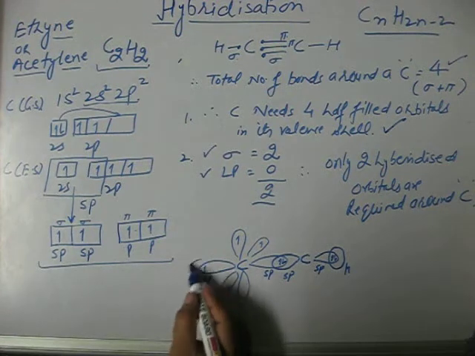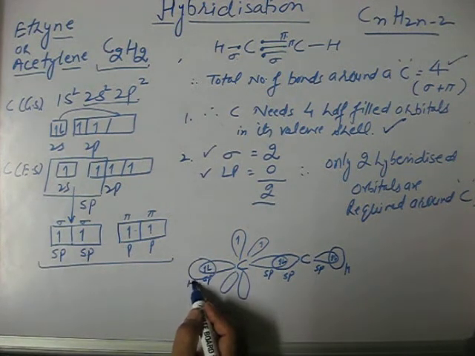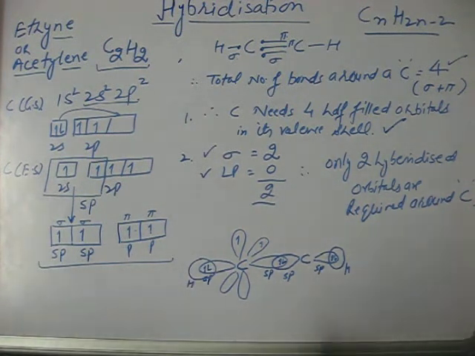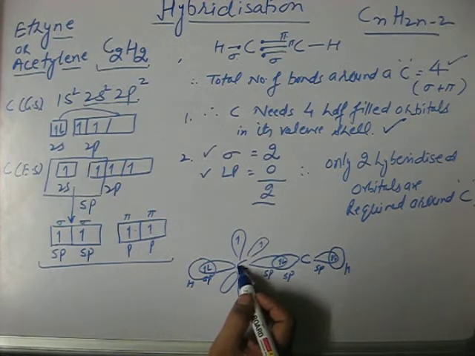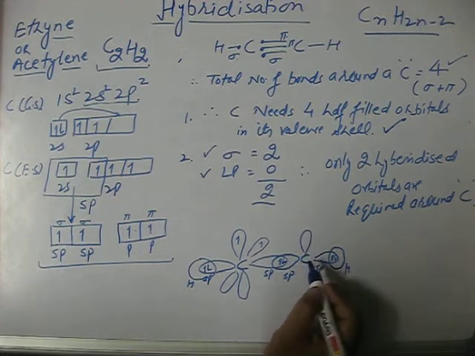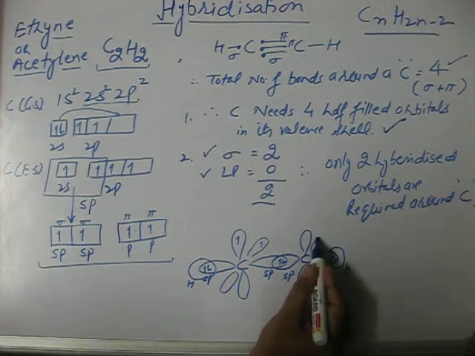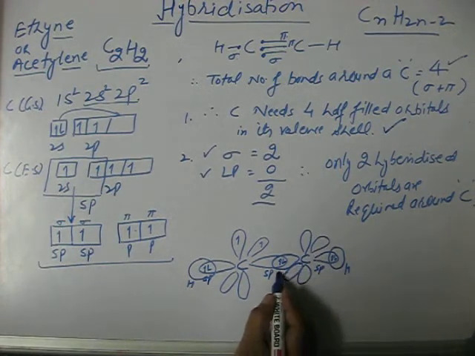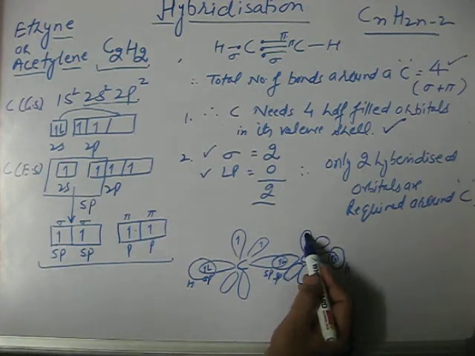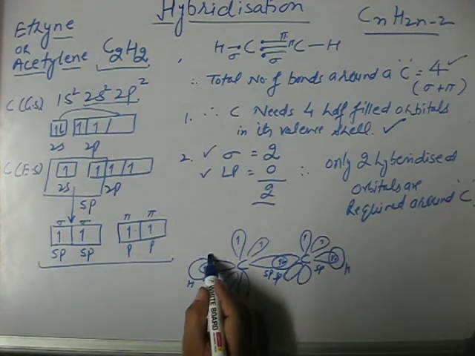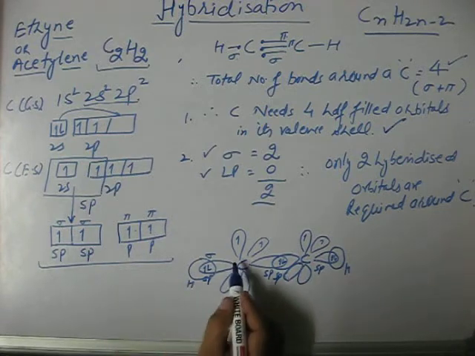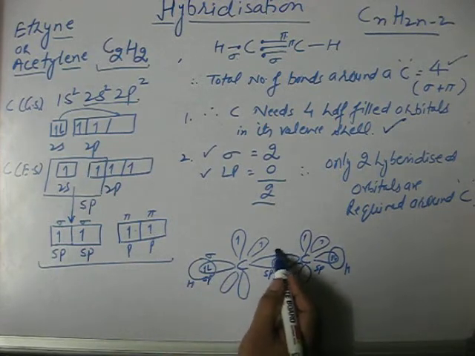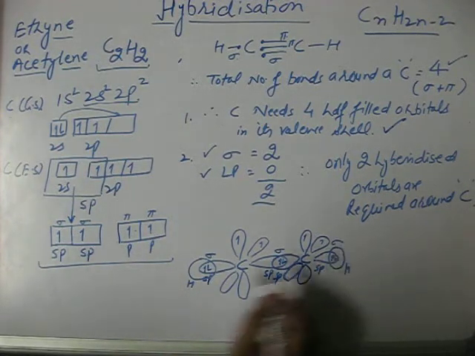Similarly here it is used to form a sigma bond with hydrogen with overlapping of the 1s orbital. Now similar to this carbon, it also has unhybridized p orbitals which are perpendicular to each other, and they are also half-filled. Now you see, this is the formation of carbon-hydrogen sigma bond, carbon-carbon sigma bond, and carbon-hydrogen sigma bond.